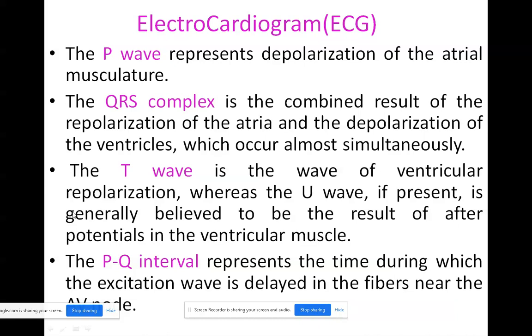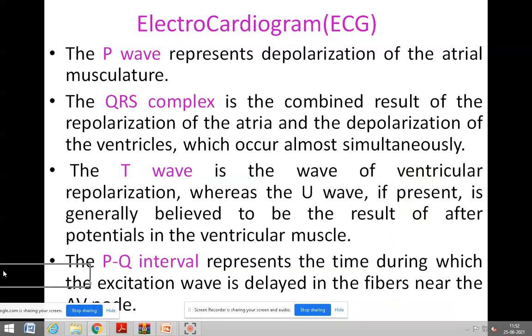Then the PQ interval represents the time during which the excitation wave is delayed in the fibers near the AV node.